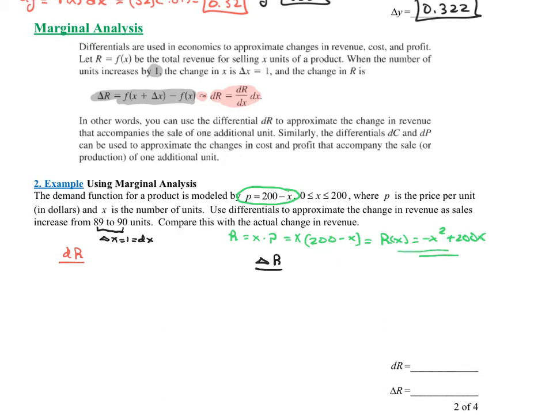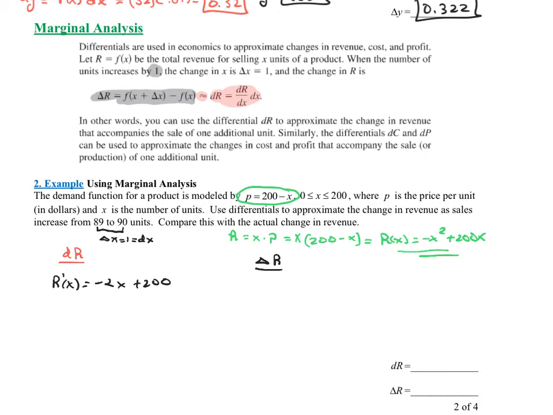All right, so how do we find dr, the estimated change in revenue, the differential? Well, the first thing we need to do is find the derivative, r prime of x. So r prime of x, pretty simple here, would be negative 2x plus 200.